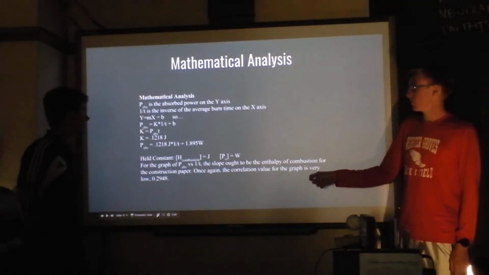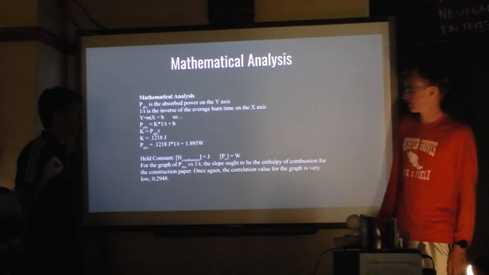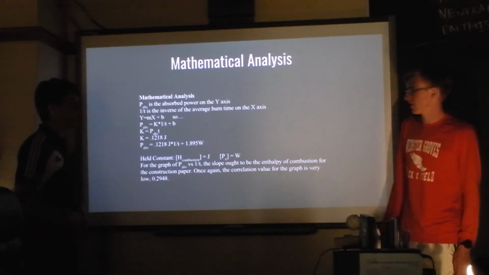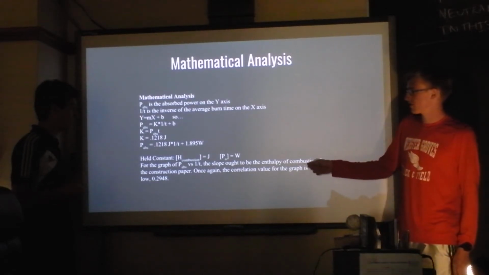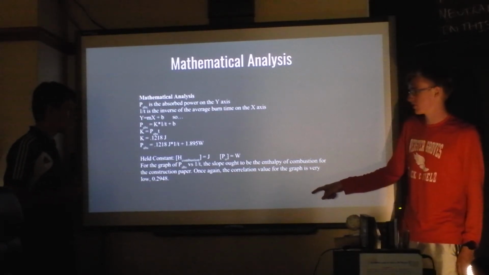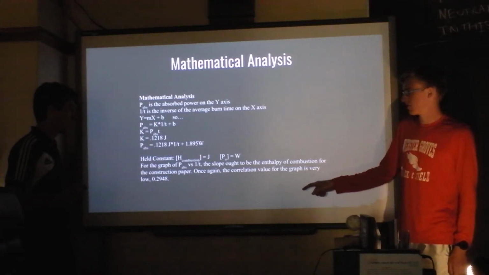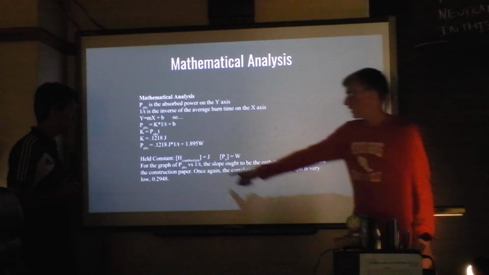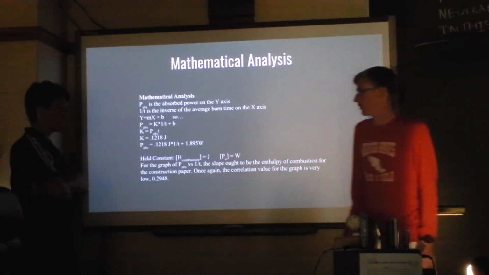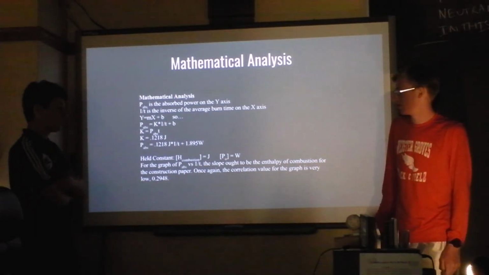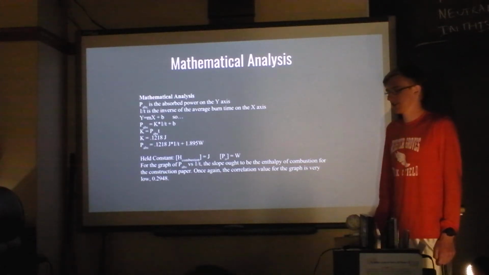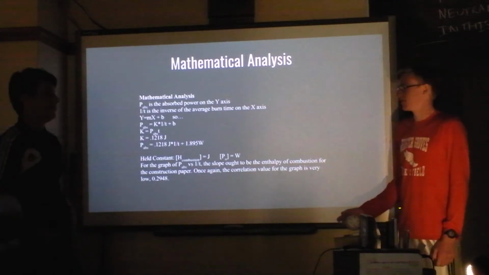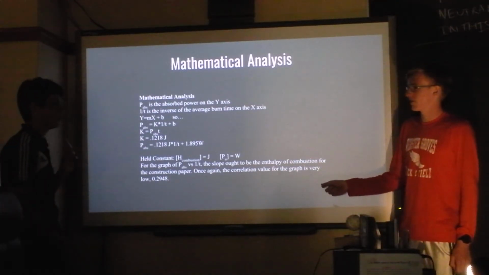So this is just our math analysis on the power versus 1/time graph, which should have the slope of the energy it takes to burn the paper. And so we got that value to be 1.128 or 18, and that's not terrible. But there wasn't really an accepted value that we could find, so we didn't really have any way to do error analysis.